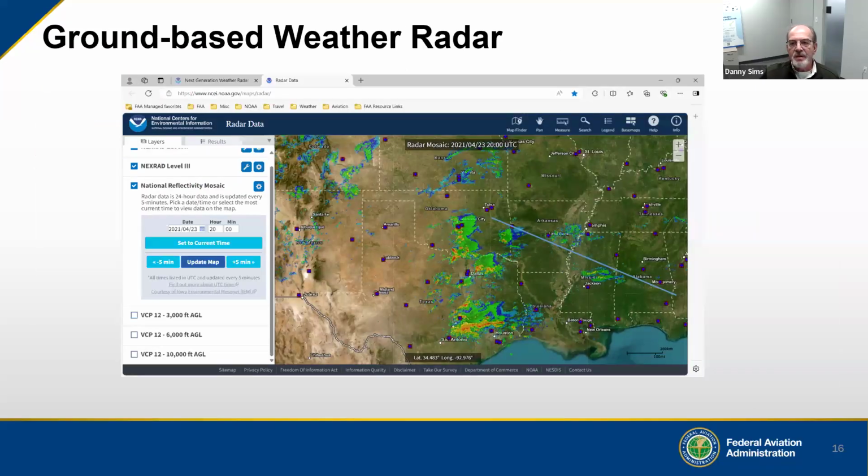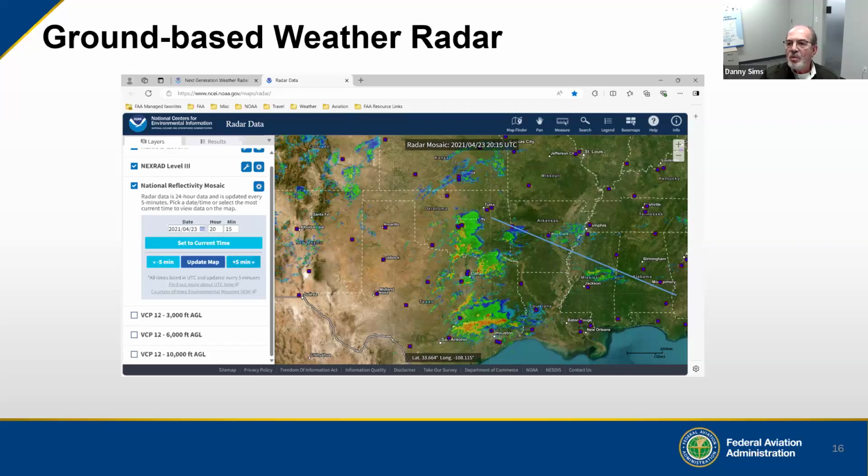Ground-based weather radar is a very valuable tool for you to use. What I'm going to show here is what the weather radar was showing up to taking off. If we start at 20Z, which was 1500 local, that is what we have now. You can see that there are precipitation areas primarily to the southwest of the route of flight.